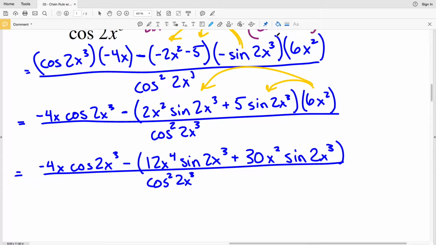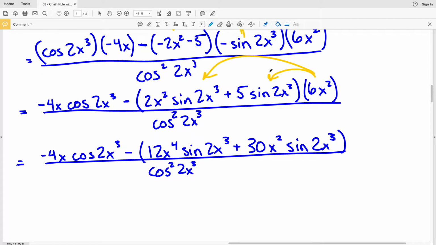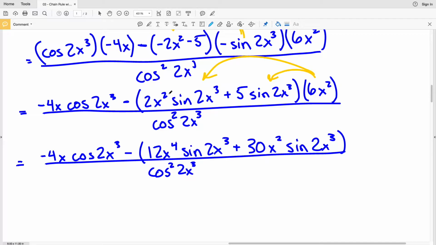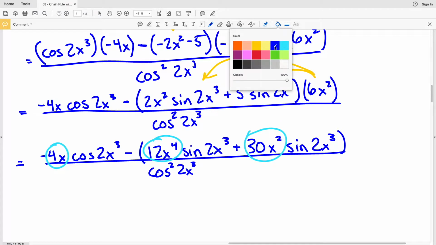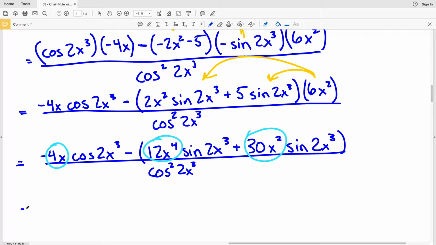Now one of my last steps is simplifying my numerator. In my numerator, 4x, 12x to the fourth, and 30x squared all have a common factor of 2x. So I'll pull out a 2x in the front. So I'll get 2x times, so I'm pulling out 2x from this first term, this second term, and this third term.